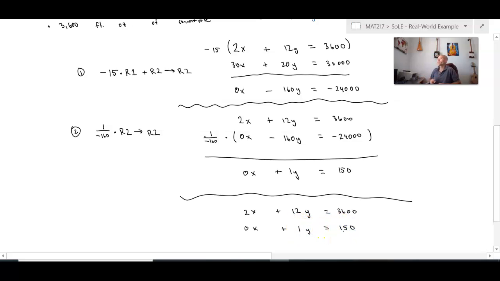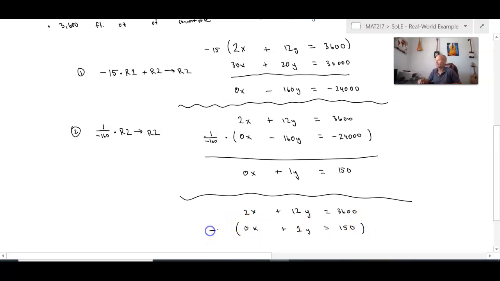Let's continue to use elimination, but now because the second equation already has this coefficient eliminated, I can use the second equation, take a multiple of it, add it to the first equation to help me cancel out this coefficient of 12, make it a coefficient of 0. So what multiple of 1 do I need to take so that when I add it to 12, I get 0? Well, it's going to be negative 12.